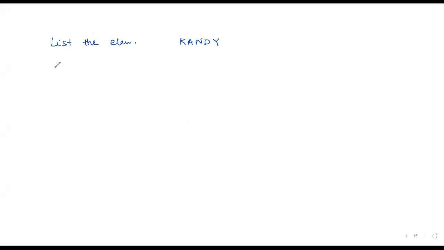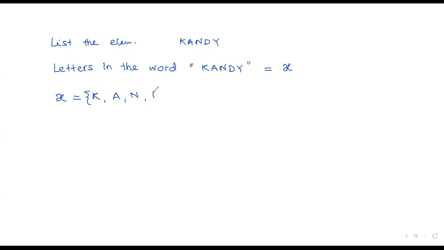So then what you write, the letters in the word candy. First you introduce what is the letter you use. So I name it as X, a totally different letter now. Then I write X equal to K, comma, A, N, D, Y. Okay, so this is how you want to write that.